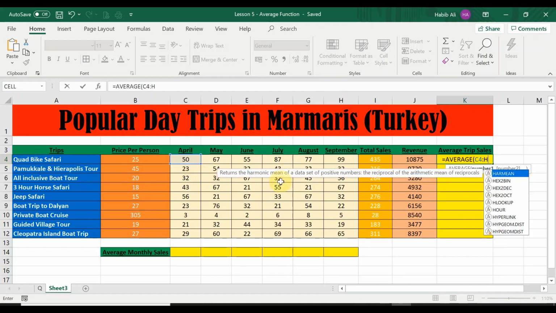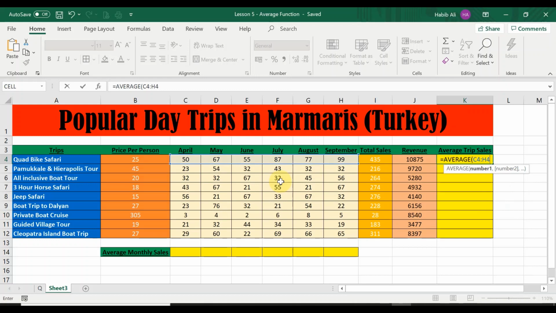So all I have to do is type in H4, and straight away Excel identifies the full range of cells that I am asking it to use in this average calculation. Visually I can see straight away this is correct, and I'm happy with that. All I have to do now is close my bracket and press enter.